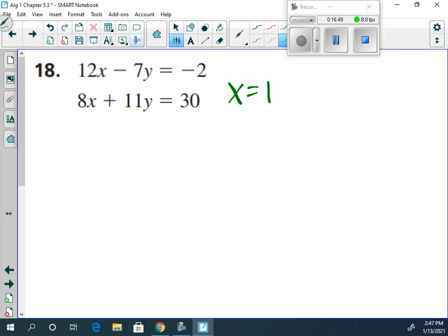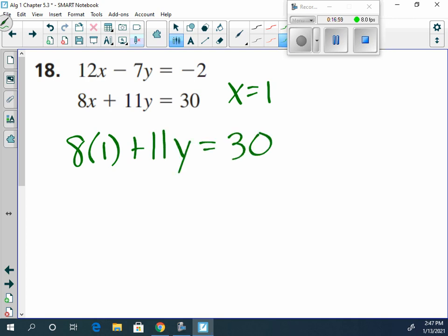Okay, so now we just need to plug it back in. We can pick the bottom equation. So 8 times 1 plus 11y is equal to 30. Well, 8 times 1 is 8.